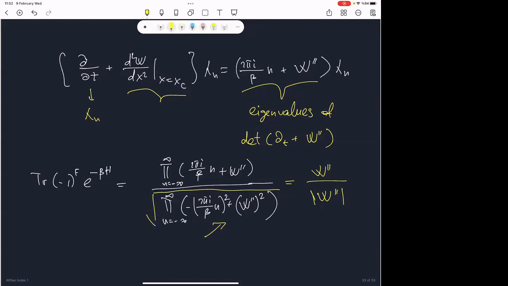And of course I forgot, there's a sum over critical points. So this is the result for the Witten index for our Hamiltonian.